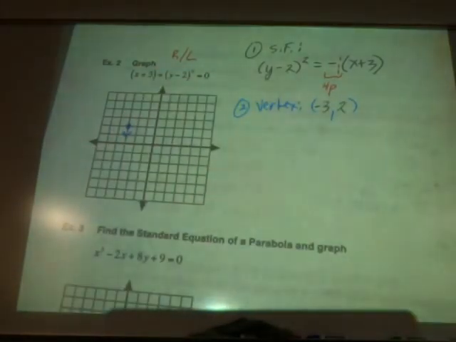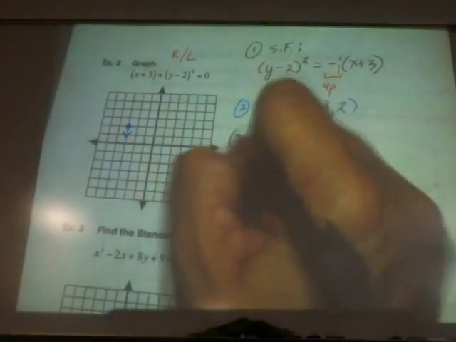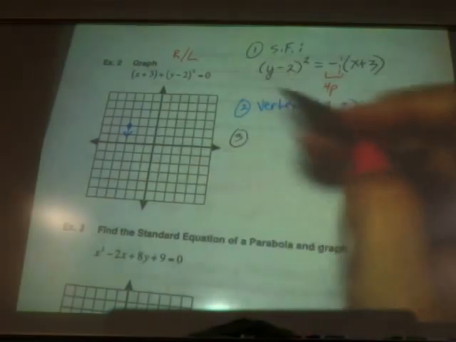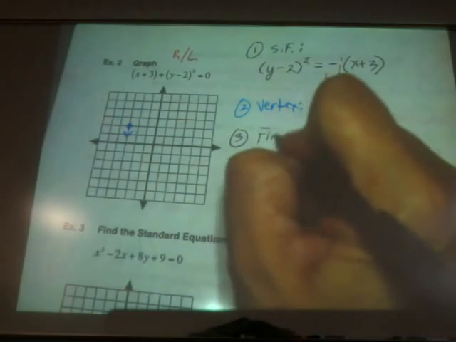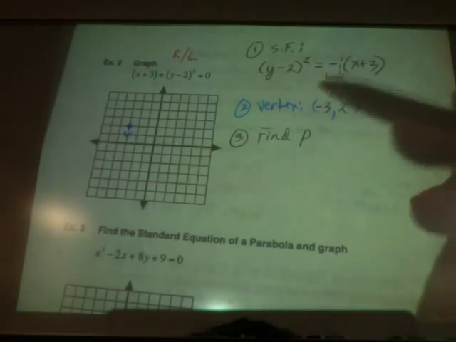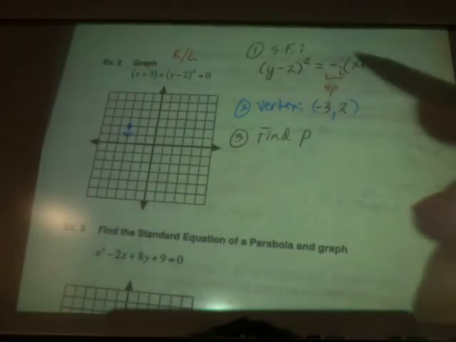Then next, I need to find p, because I have to know whether it opens right or left to figure out where the focus is. And p is going to help tell me that. So find p. What is your formula for finding p? 4p is equal to negative 1, isn't it?